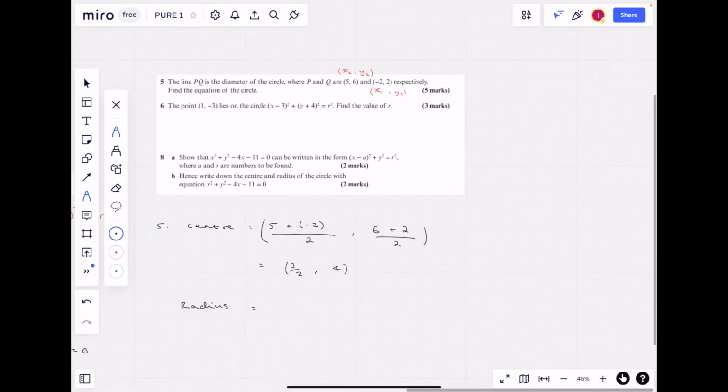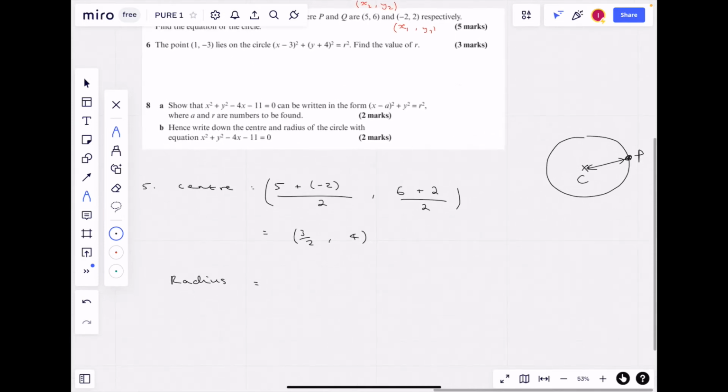Because if you were to draw it, let's say P is there and the center is here, that length is your radius. You just worked out the center and you've already been given P, or you can use Q, doesn't really matter. I personally would use P because you've got positive numbers, easier to work with.